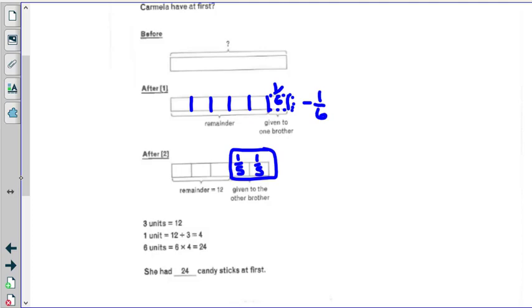So these 3 units, 1, 2, 3, equal those 12 that she had left. 12 divided by 3 gives us one of those units must be 4. She had 6 units to start with. So 6 times 4 would give us 24 candy sticks at first.